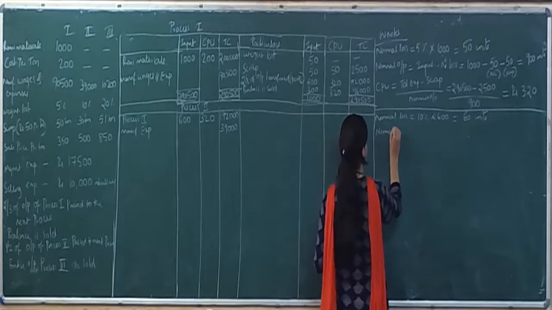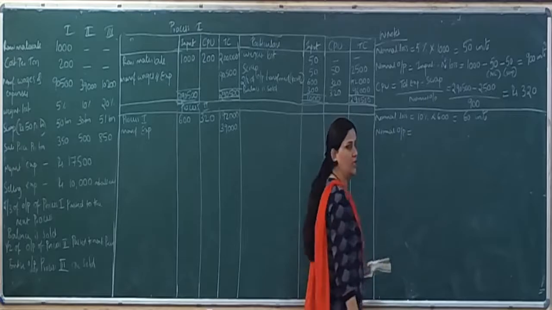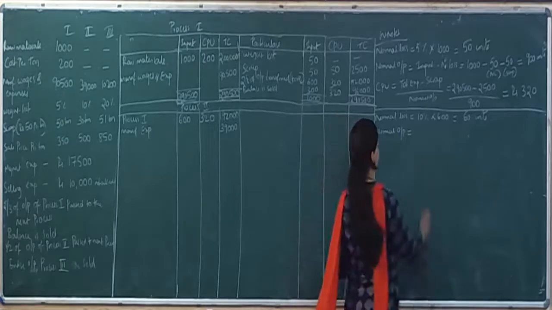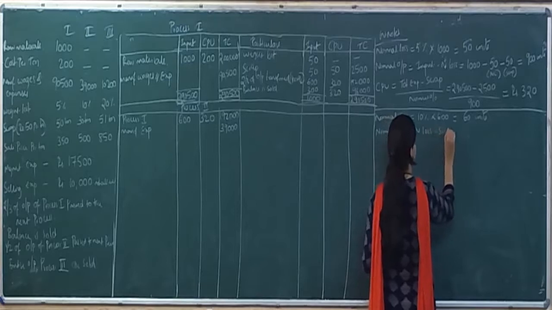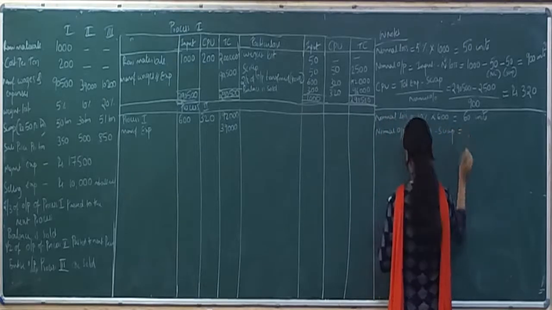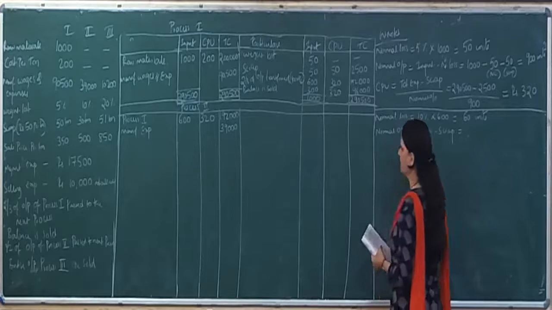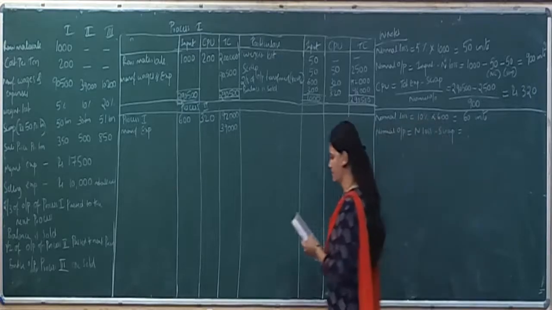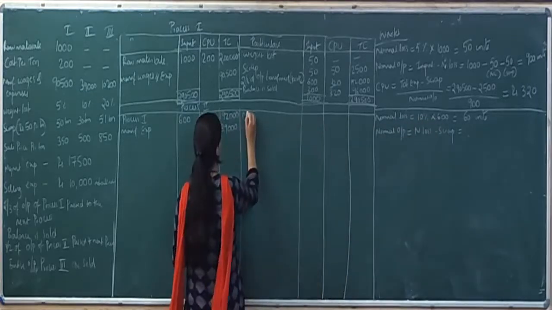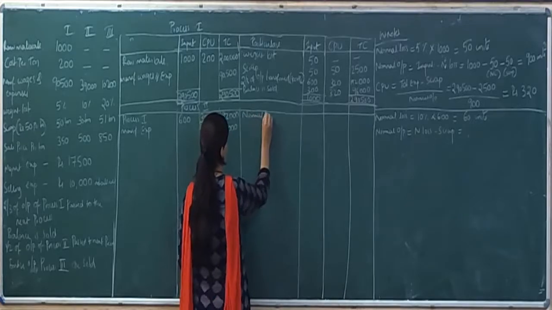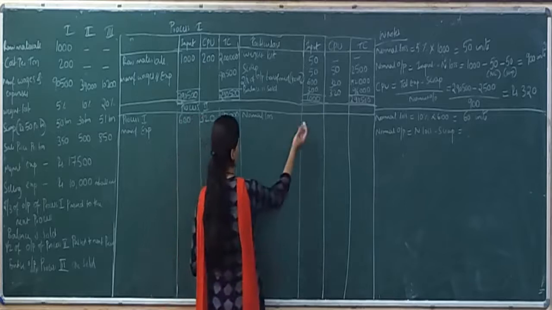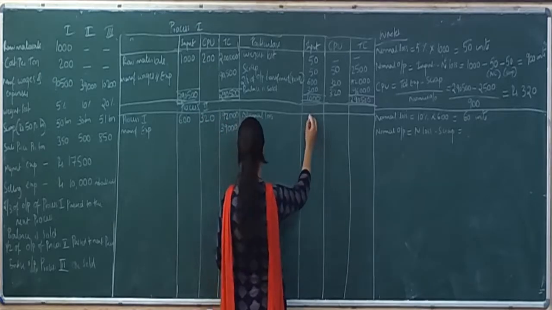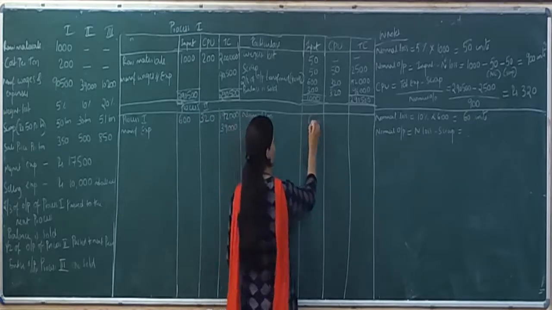Then normal output, formula: normal loss minus scrap. So scrap value we need to record here. Normal loss, 10% of input, we will directly write over here, that is 60.